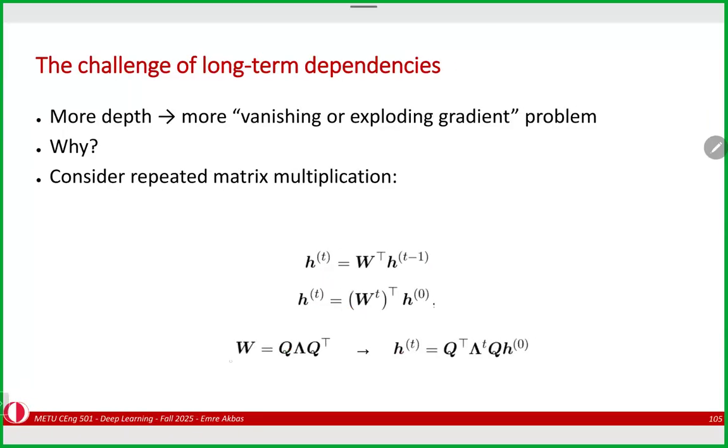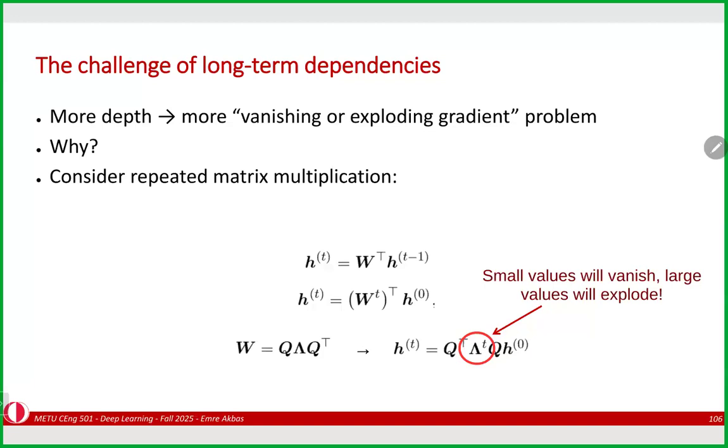If we do an eigenvalue decomposition for W, Q lambda Q transpose, and take the T power, you get this. And notice that the lambda matrix, which is the diagonal matrix of eigenvalues, right? You take the power of these scalar values here, power of T. And what this does is, if you have small values, if you keep multiplying those small values, they will just vanish, go to 0.